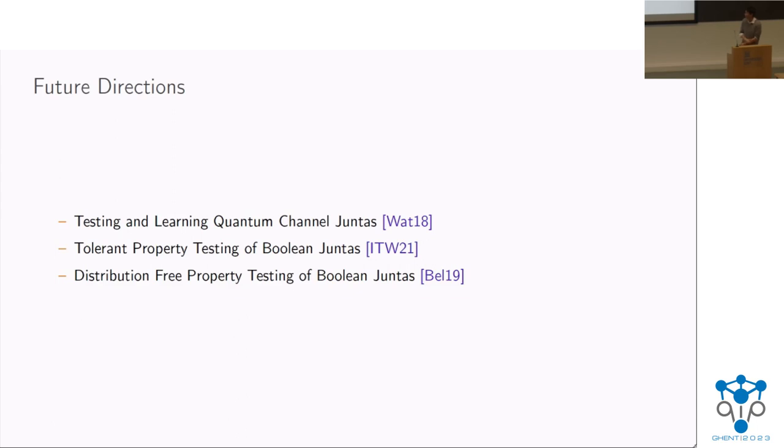Sure. Yeah, these are some ideas we were looking at before this work. There's been some work in tolerant property testing, which is instead of telling if something is a k-junta or far from a k-junta, you're trying to tell if something is delta-close to a k-junta or epsilon-far from a k-junta. And this problem seemed interesting because there was some recent work in 2021.